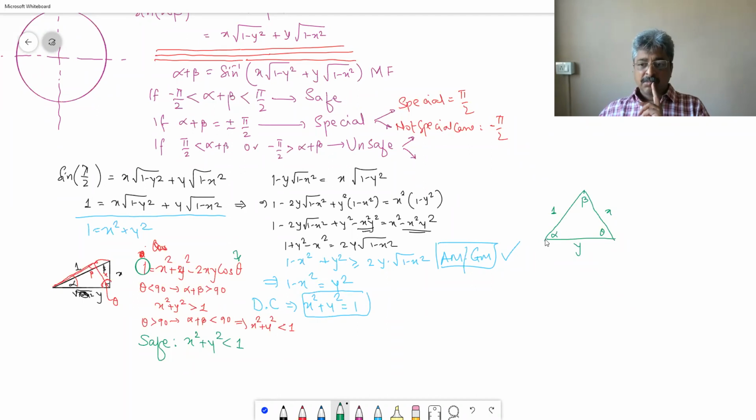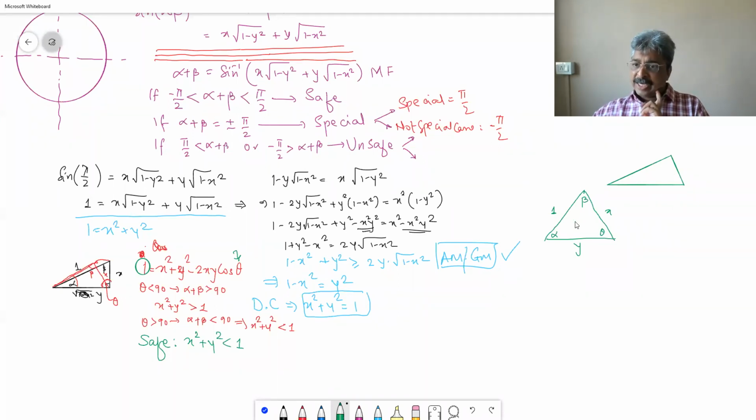So then sine alpha should be equal to x, right? Sine alpha should be equal to x if it is a right angle triangle. Correct. So we are trying to find out what is the discriminating factor and when it is going to get distorted. So here sine alpha equal to x is not a correct statement in this case, because this angle is less than 90 degrees. If this is 90 degrees, then it is a correct statement.